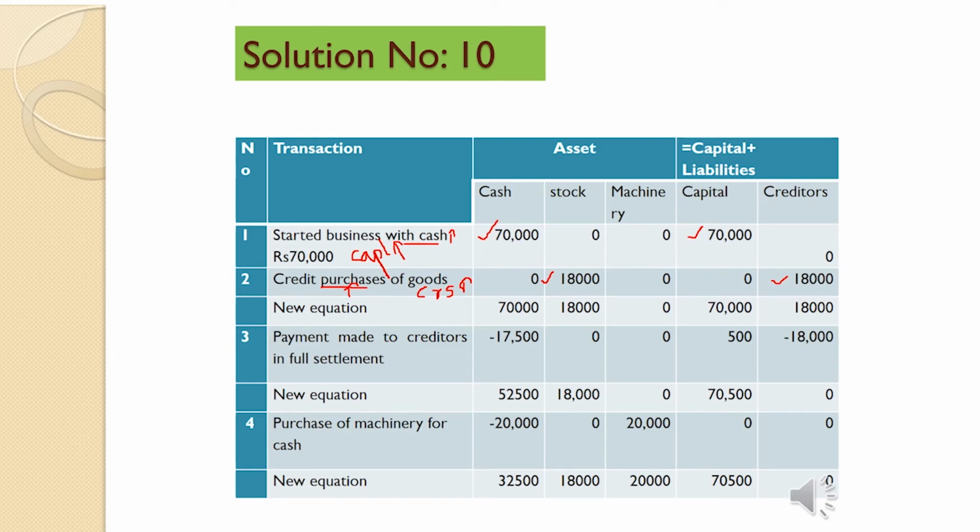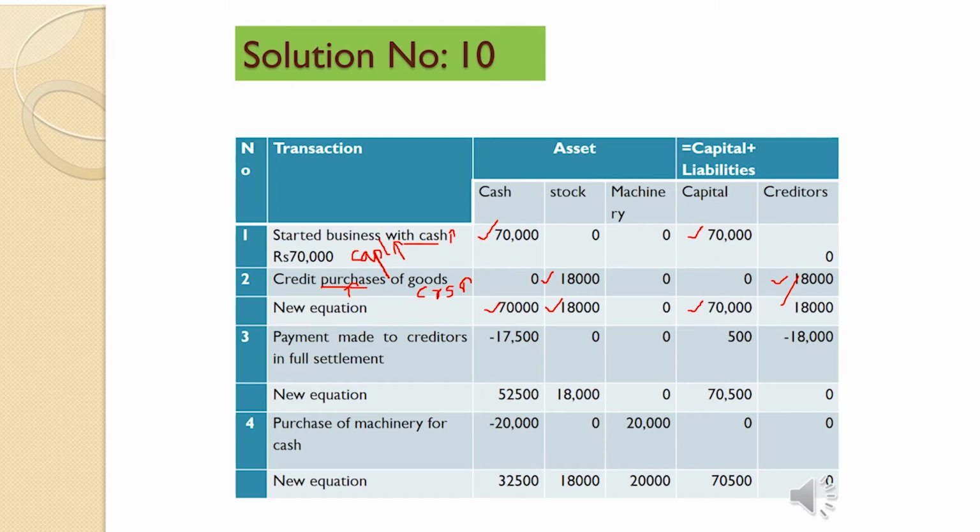So the equation for this transaction: we already have 70,000 cash, stock value 18,000, capital 70,000, and creditors 18,000.